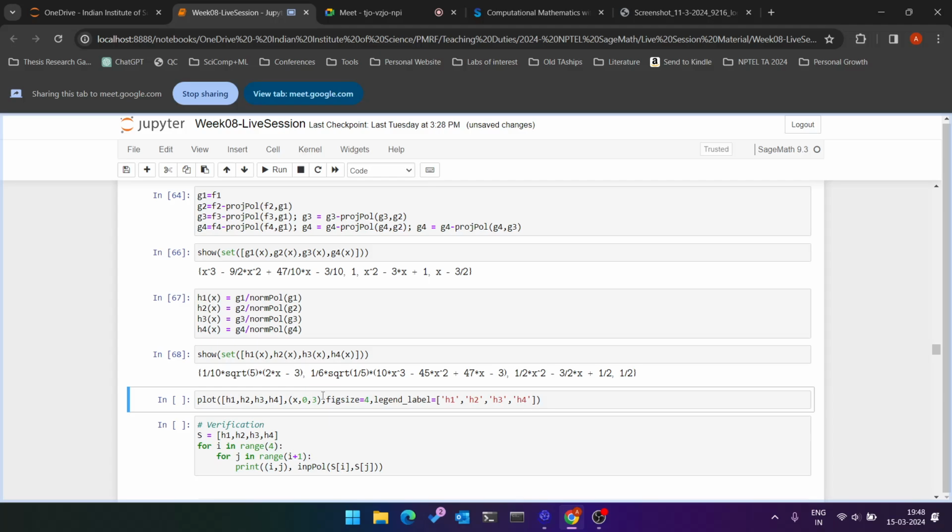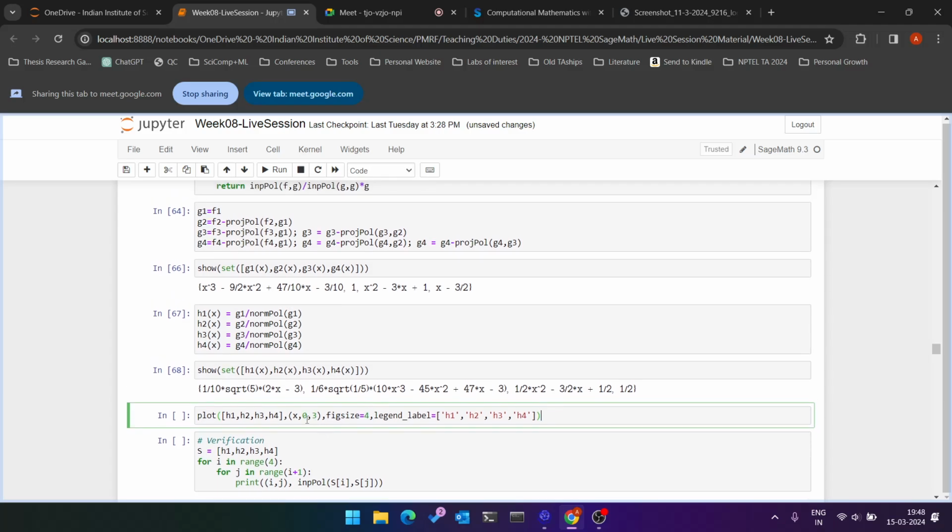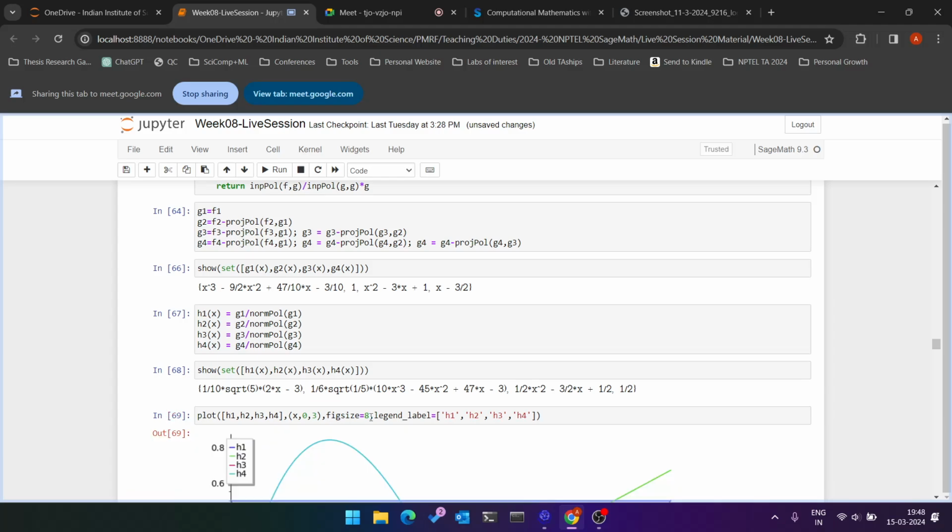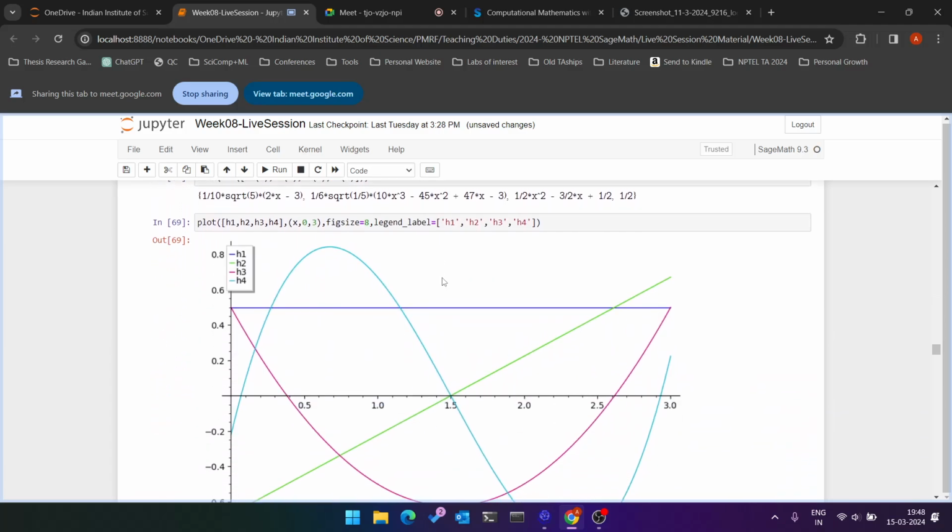Okay, so what I'll now do is, for x going from 0 to 3, plot h1, h2, h3, h4 and provide appropriate labels. This is how it looks like.